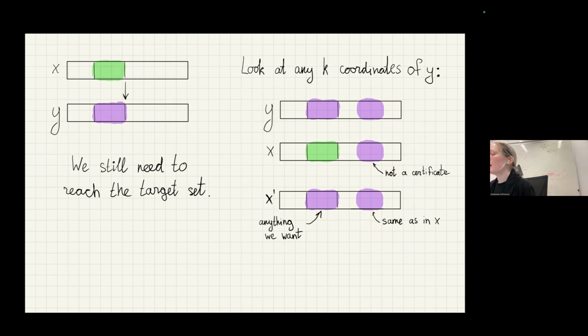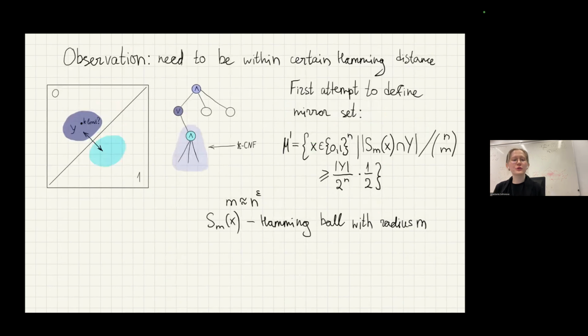So let me now try to make the first attempt in defining a mirror set, which will fail immediately, but we will be able to correct. My first attempt will take into consideration these Hamming distance observations.